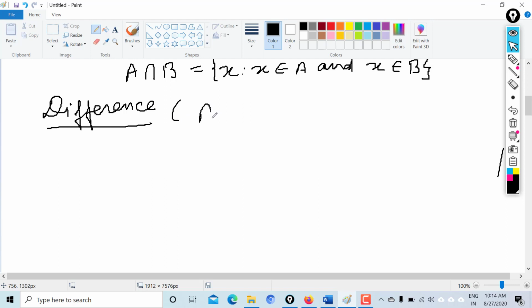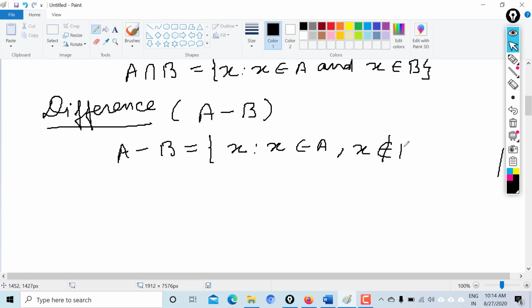Difference is represented by A minus B. A minus B equals the set of elements X such that X belongs to A but X does not belong to B. In that case, A minus B will be calculated here.